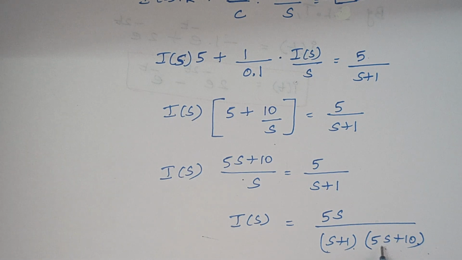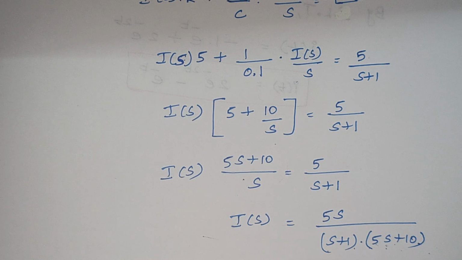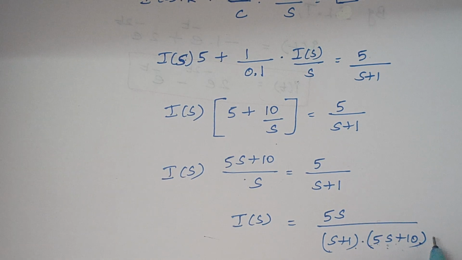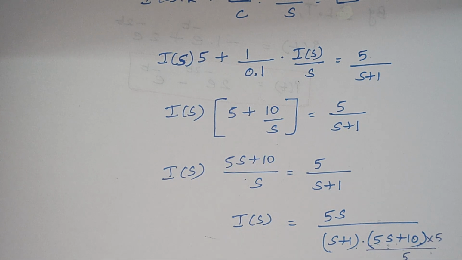Again, here I am having 5s, but I want only s. So here I am going to take this 5 outside. What do you mean by that? That is, we are dividing and multiplying by 5. You can take it in any way. So here we are multiplying the term by 5 and here we are dividing by 5.